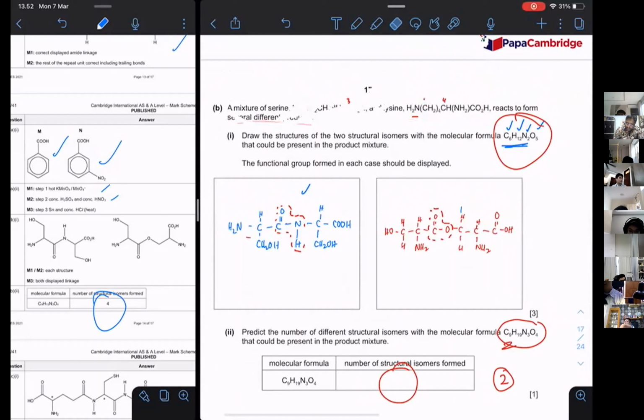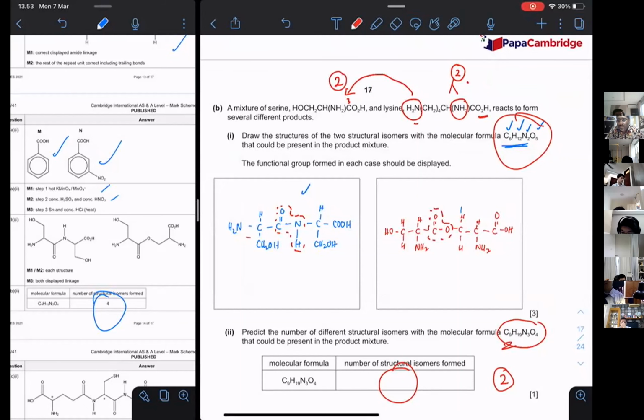If you predict, we know that there are 2 groups over here, NH2 and NH2. So here you are going to get 2 types of polymer. And then if you join the polymer with this, because of the presence of this and also CO2H, you are going to have another 2 types over here.